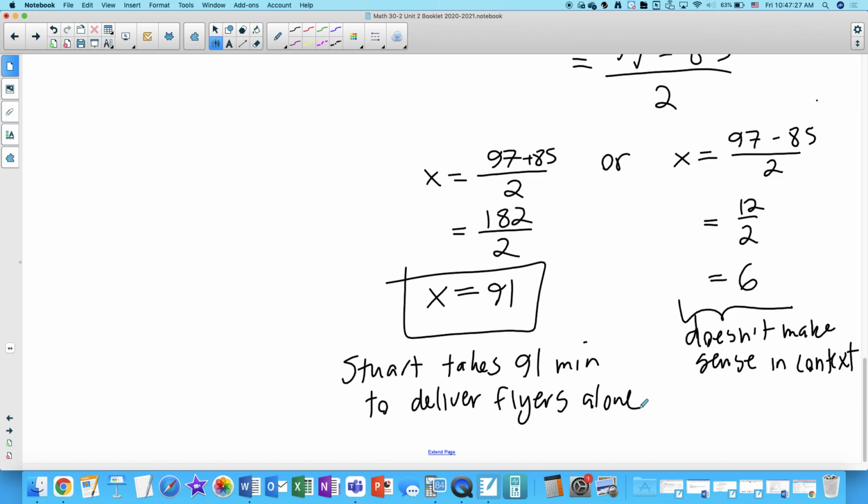Because 78 is Lucy's time, right? And if we ask for Lucy's time, people do the equation, they do all this work, they're like, oh, I got it, I see my answer, it's 91. But if the question asks for Lucy's time, then you still get it wrong, right? So you've got to read carefully and remember how you've assigned your variable. Okay, so far so good?